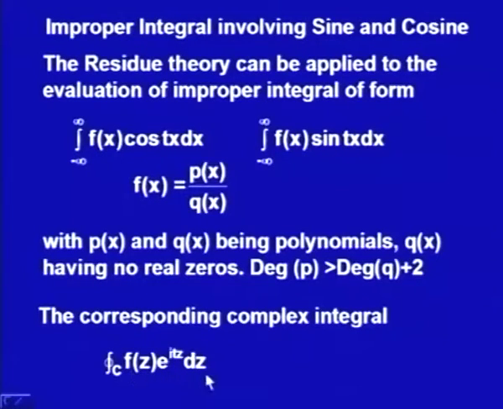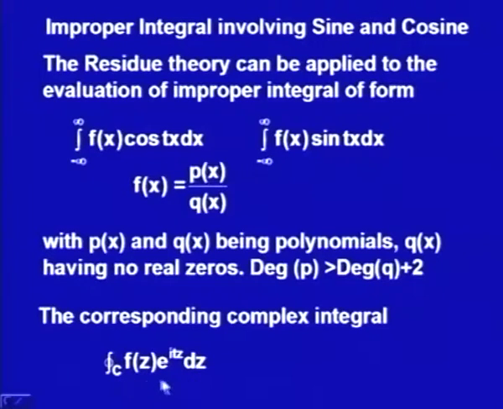So this contour integral can be written as two contour integrals: one of f(z) times cos t z, plus i times the contour integral of f(z) sin t z.